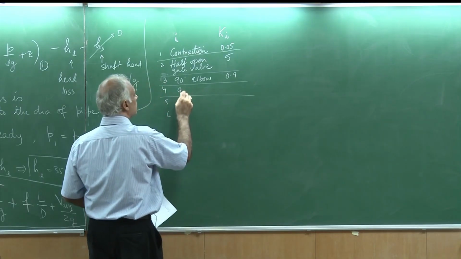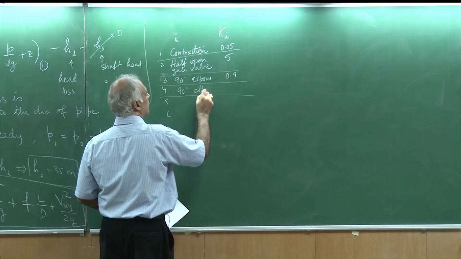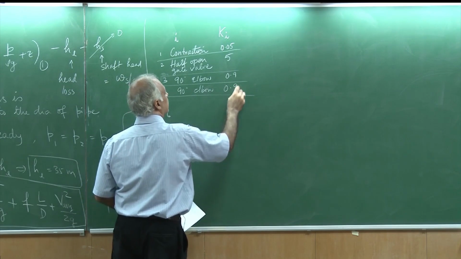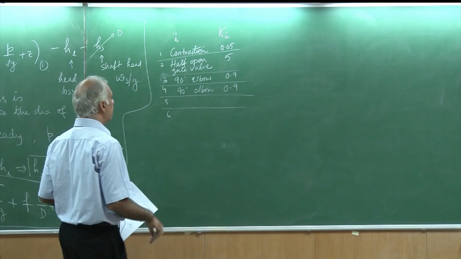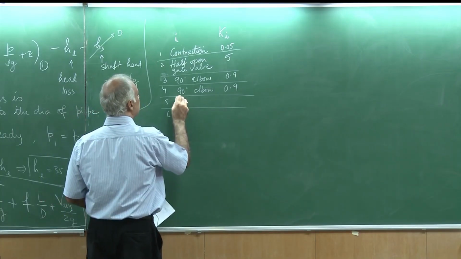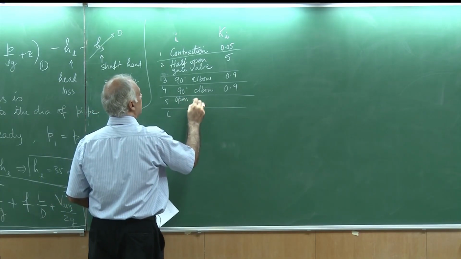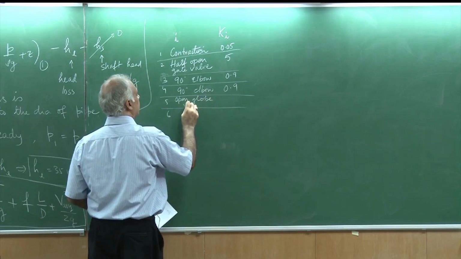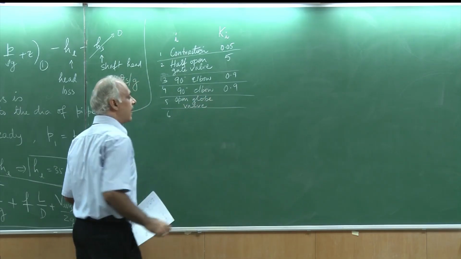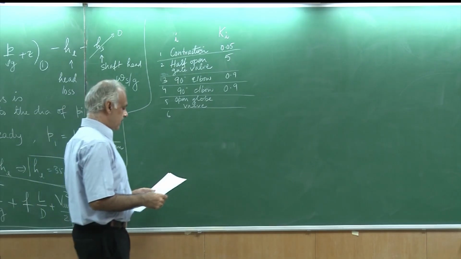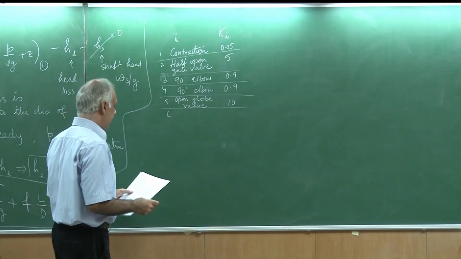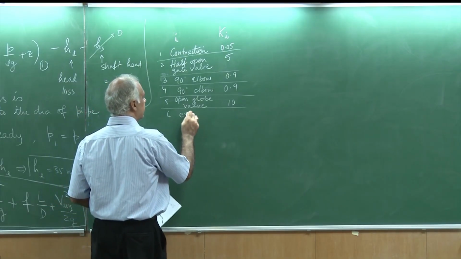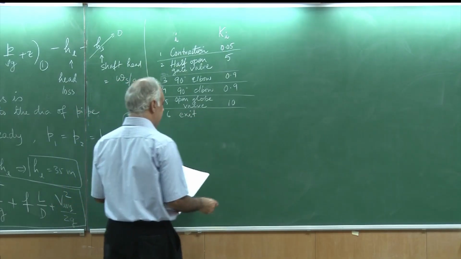The fourth one is also a 90-degree elbow, which is again 0.9. The fifth now is a globe valve, a fully open globe valve, and a globe valve has huge losses, so this one would be 10. And then of course you have the exit, which is 1.